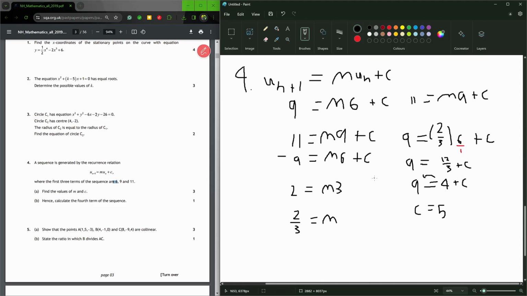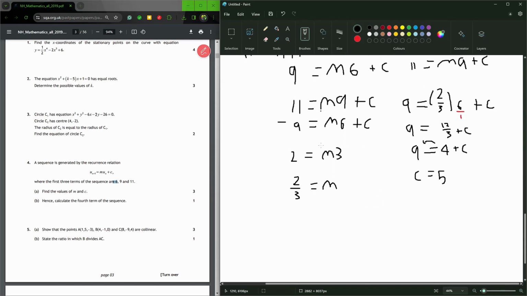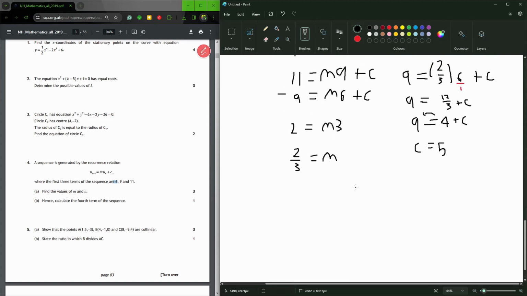Now, what I always recommend with simultaneous equations is you go to the other one, and you don't even need to write this down. Just have a look at it and make sure the numbers you've got make sense. So 2/3 times 9, plus 5, in the other equation. You don't need to do this, but I always recommend it.